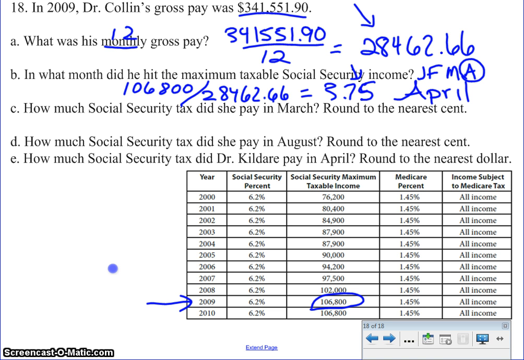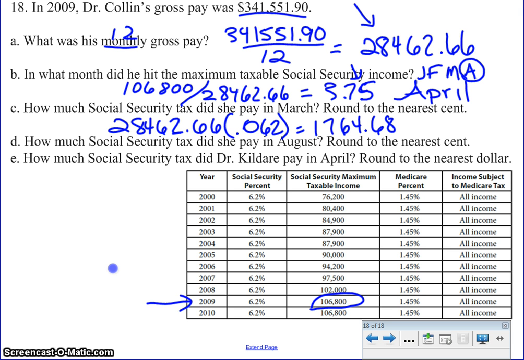Question C, how much Social Security tax did she pay in March? Well, she earned $28,462.66, and she still was paying on that total amount because we already determined that April was the month that she was able to stop paying. So we're going to take that and multiply it by the 0.062, and we get a total of $1,764.68.